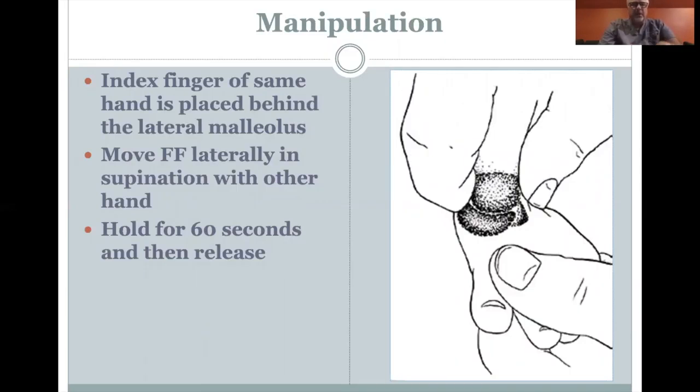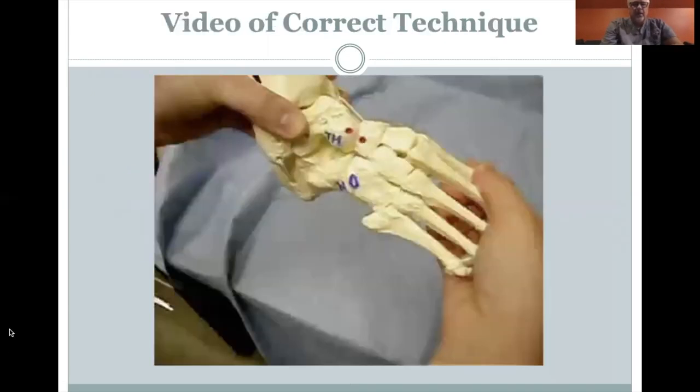You're going to do manipulation prior to casting, and it's just repeating or mimicking the technique to correct the deformity as you're casting it. Here's a video that demonstrates the difference between the Ponseti method and Kite's method. Kite's method would use the calcaneus as a fulcrum.